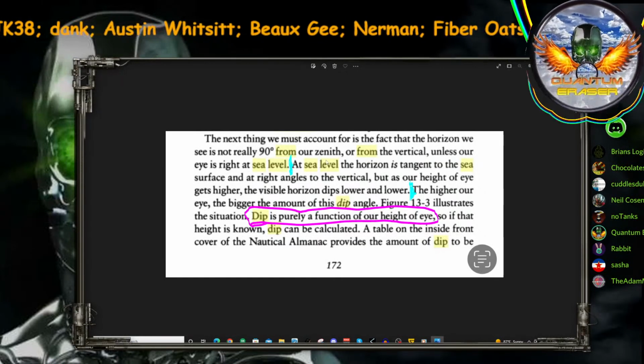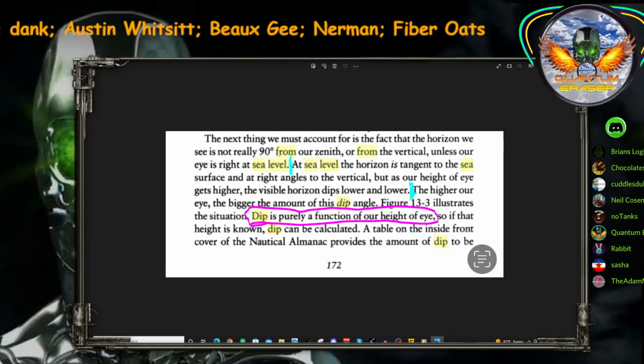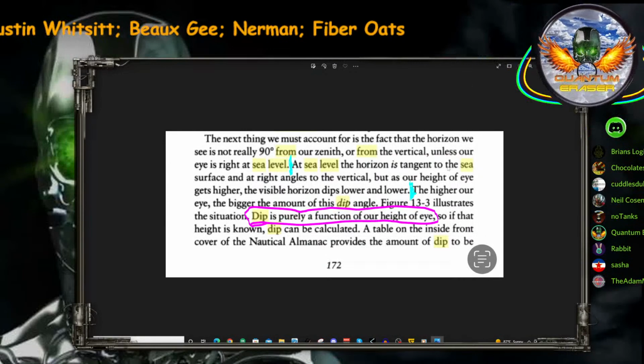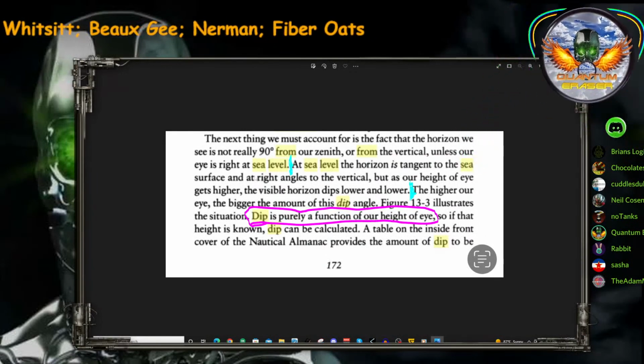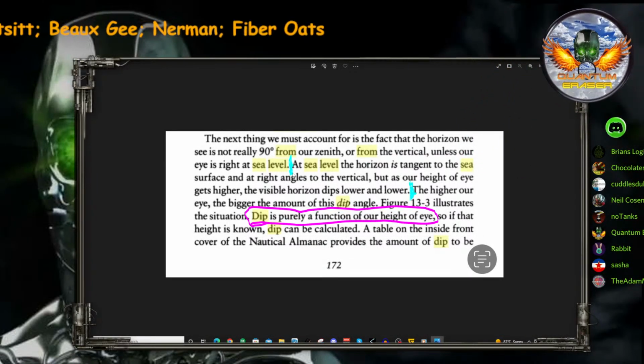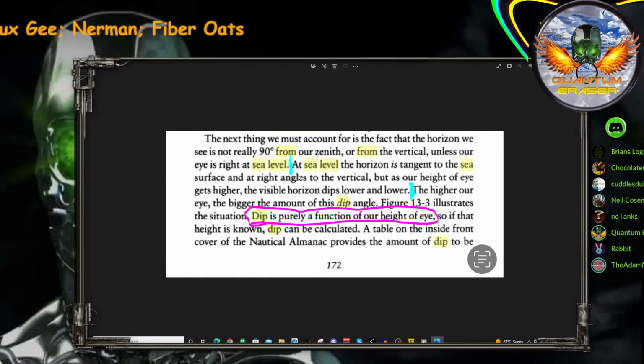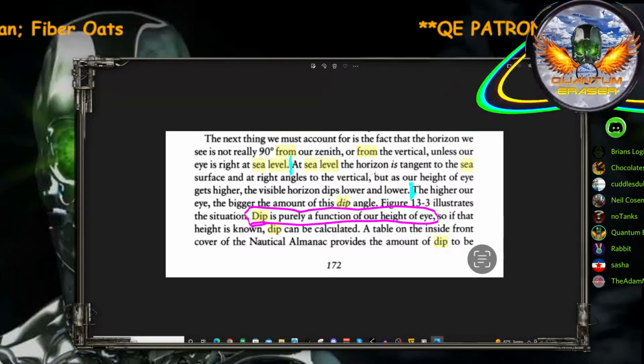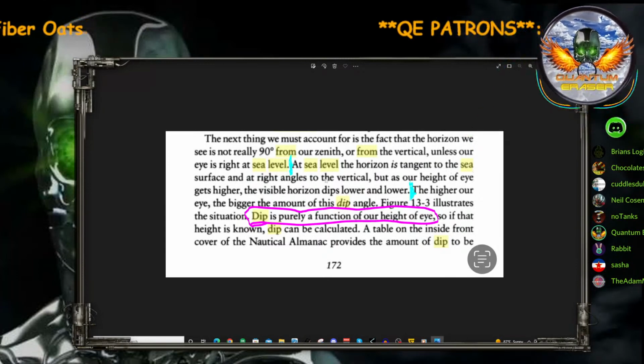I'm going to come back to that. I kind of went over that part. Or from the vertical, unless our eye is right at sea level. Oh, I see what he's saying. Yeah, that's correct. This is the quite troubling part. At sea level, the horizon is tangent to the sea surface and at right angles to the vertical.